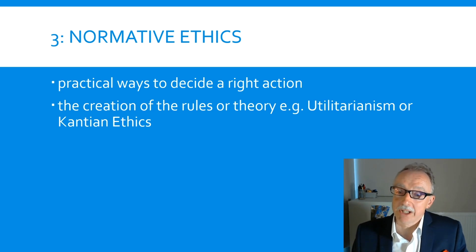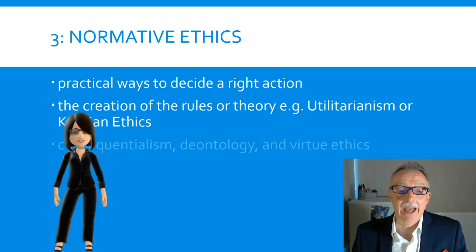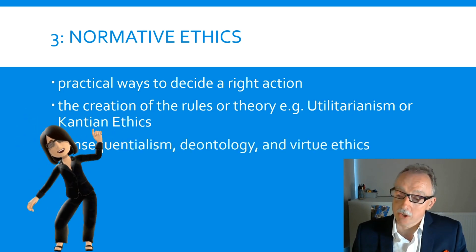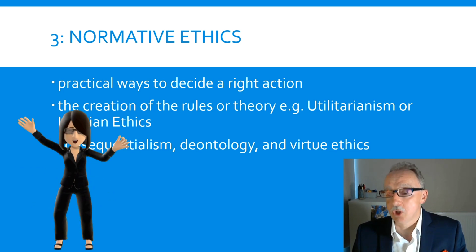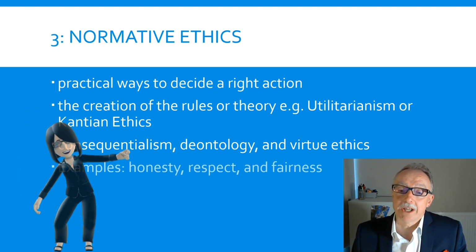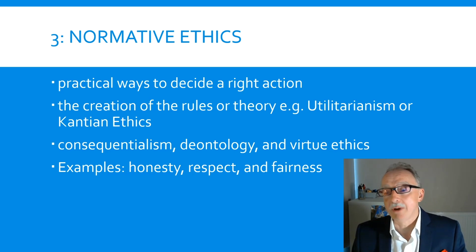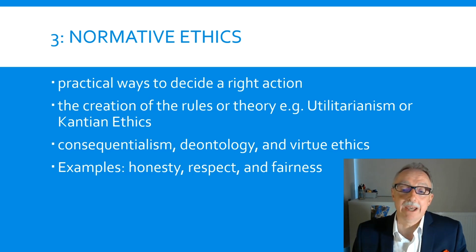For example, utilitarianism or Kantian ethics. Other areas to cover would be consequentialism, deontology and virtue ethics. Now, in the context of virtue ethics, examples might be honesty, respect and fairness. These are practical ways and values that you use to make your decisions. But broadly, that's the topic of normative ethics.